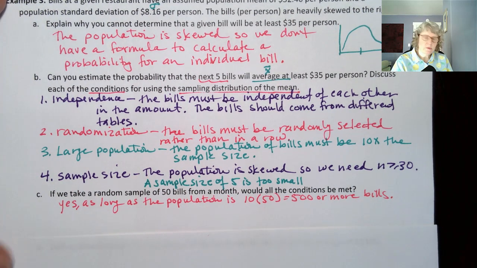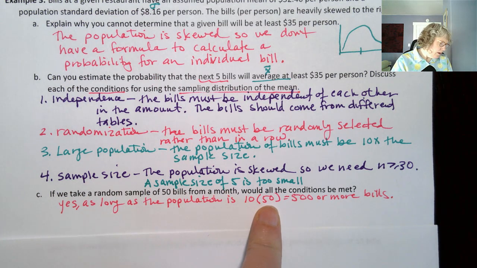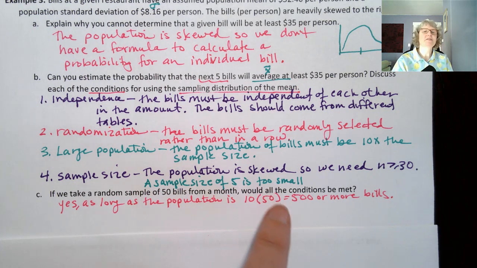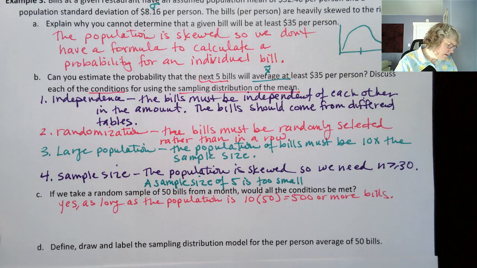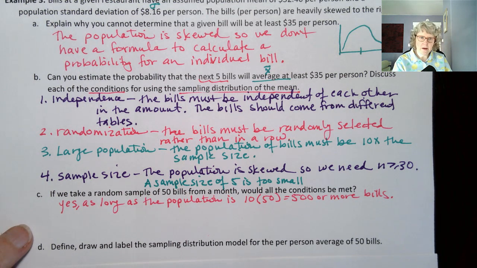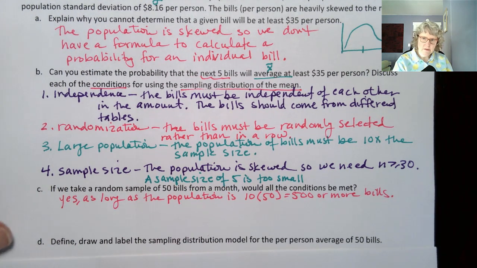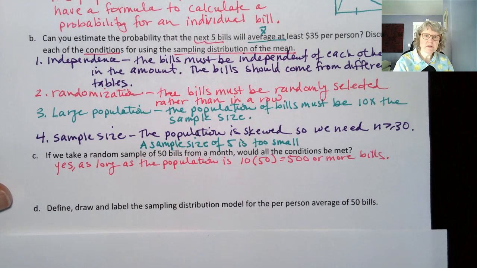Okay, so I went back up to the large population for 50. It definitely would work for the 5, but the 5 doesn't meet the sample size, so it's got to be big enough, but not too big. Right? Okay, so yes, so we've got that one. If we take this, would all be met, so I actually had more space to write that one.